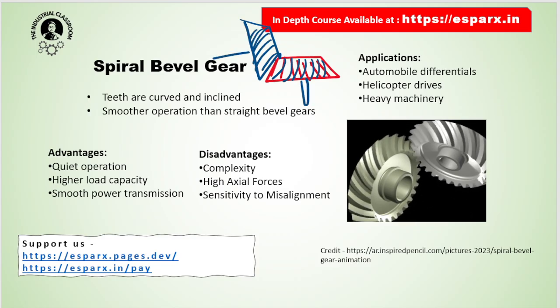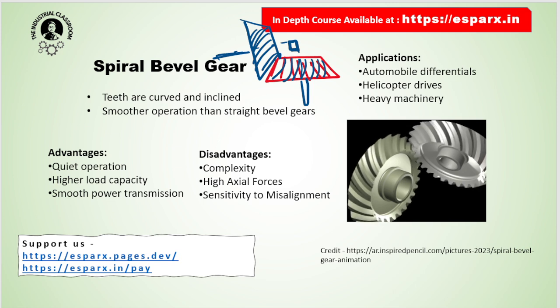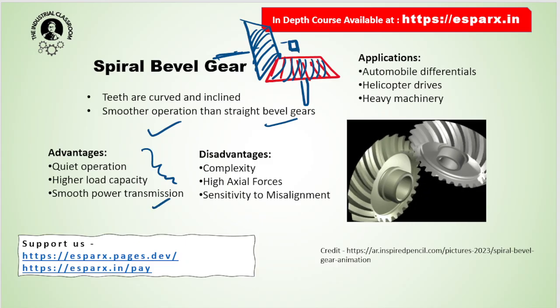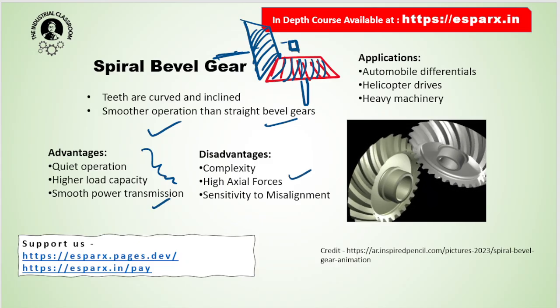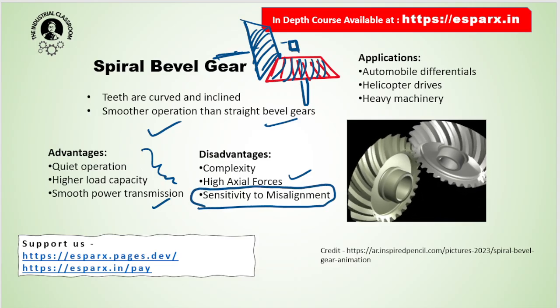These are both the shafts, and they are still at a 90 degree point of intersection, but these are spiral teeth. You can see the image here. There is smoother operation than straight bevel gear, quieter operation, higher load capacity, smooth power transmission, but it is much costlier and it is very sensitive to misalignment. A little bit of misalignment can damage the whole system, right?